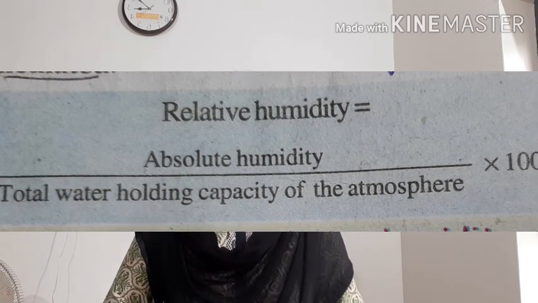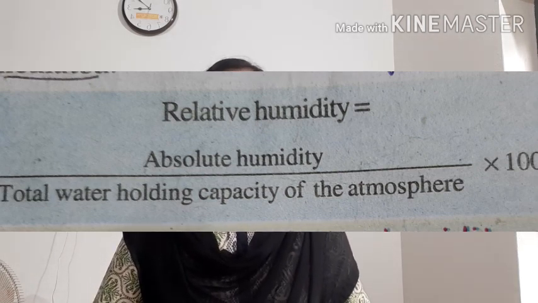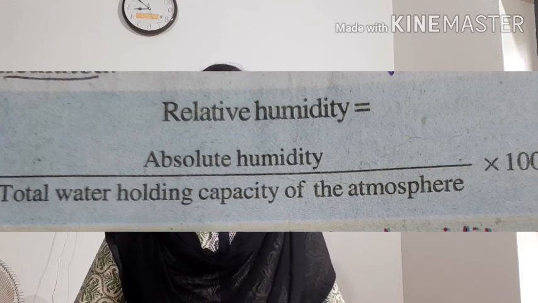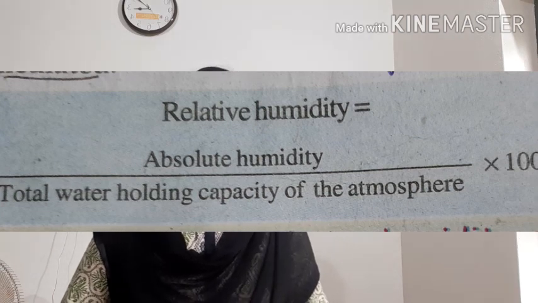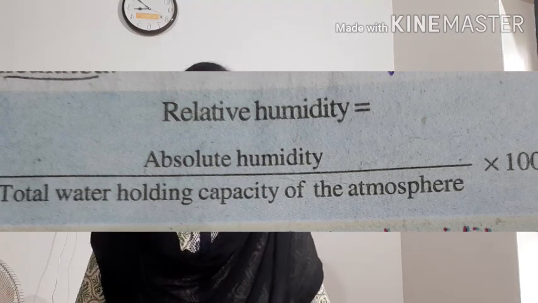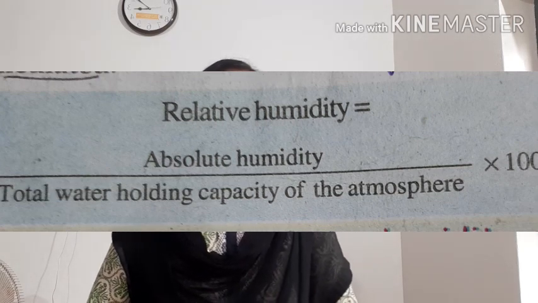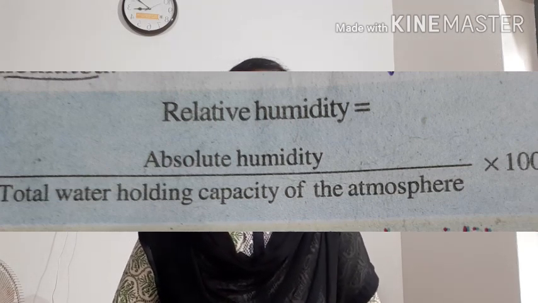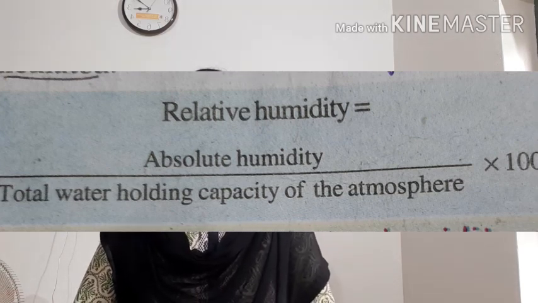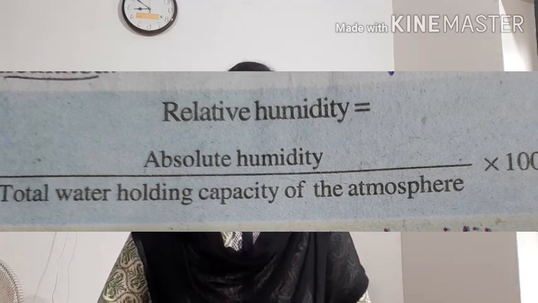For example, if the absolute humidity is half of the total water holding capacity at a particular temperature, then the relative humidity will be 50%.